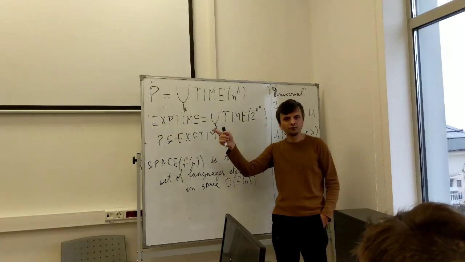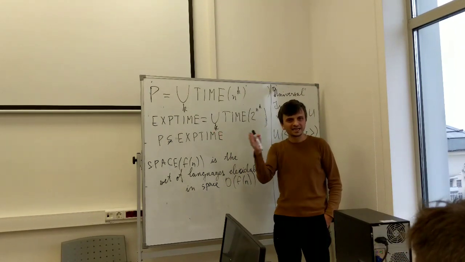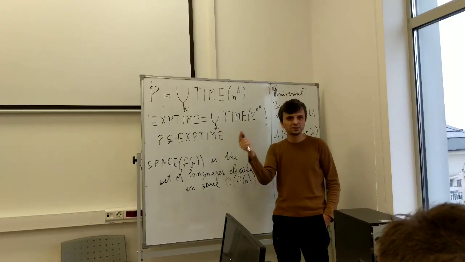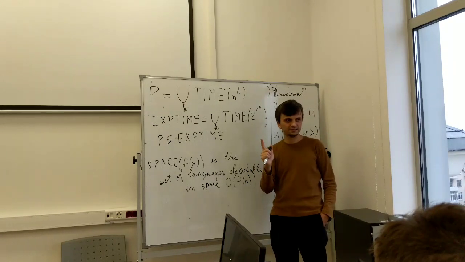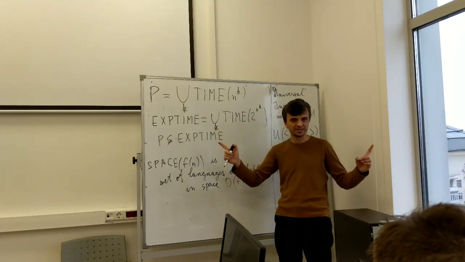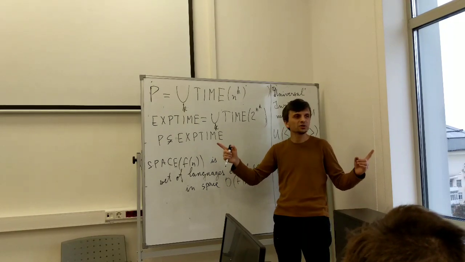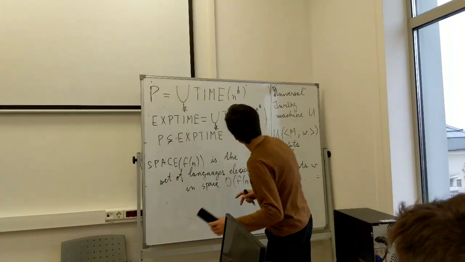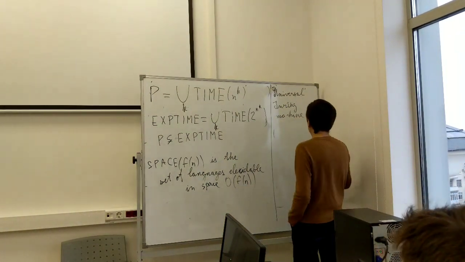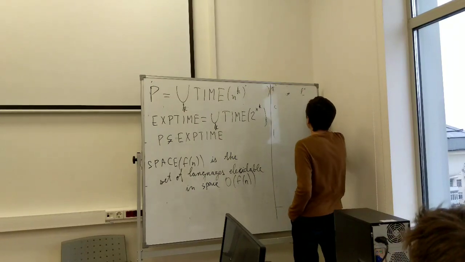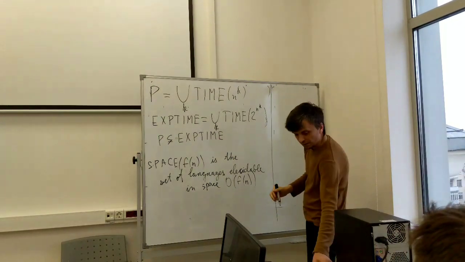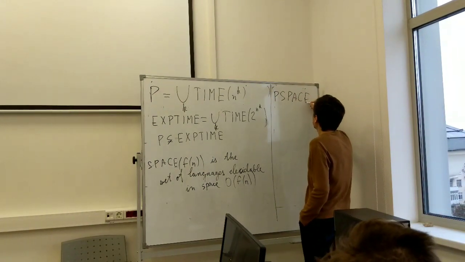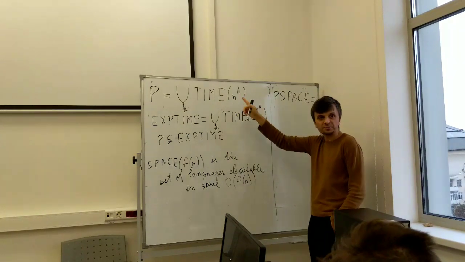It's just the number of cells that it scans through its operation. It may go to the same cell twice, but this is counted only once. So basically that's the portion of the tape that the machine uses. This is space. And then we have a class PSPACE, which is also an important complexity class, defined exactly like P, but for space instead of time.